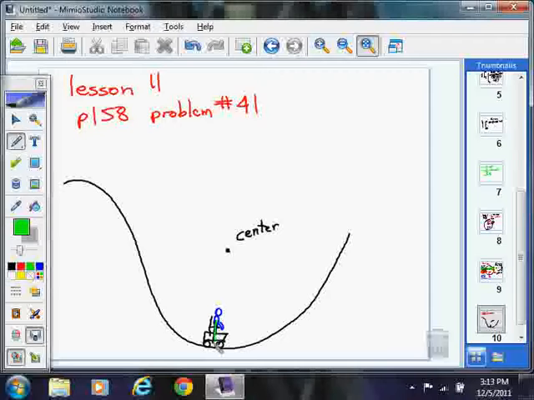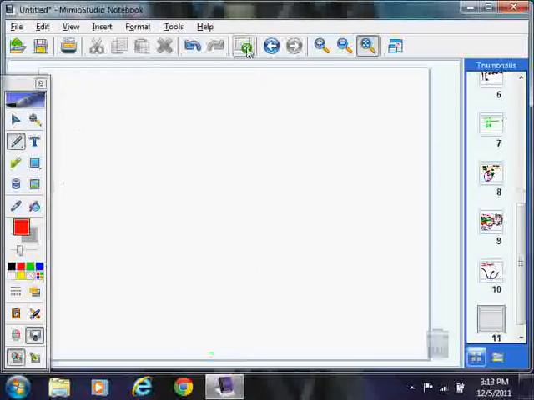Their weight force is pulling them down. And you have the normal force pushing up on them. This is F sub G down there. Maybe I should draw a new picture there.